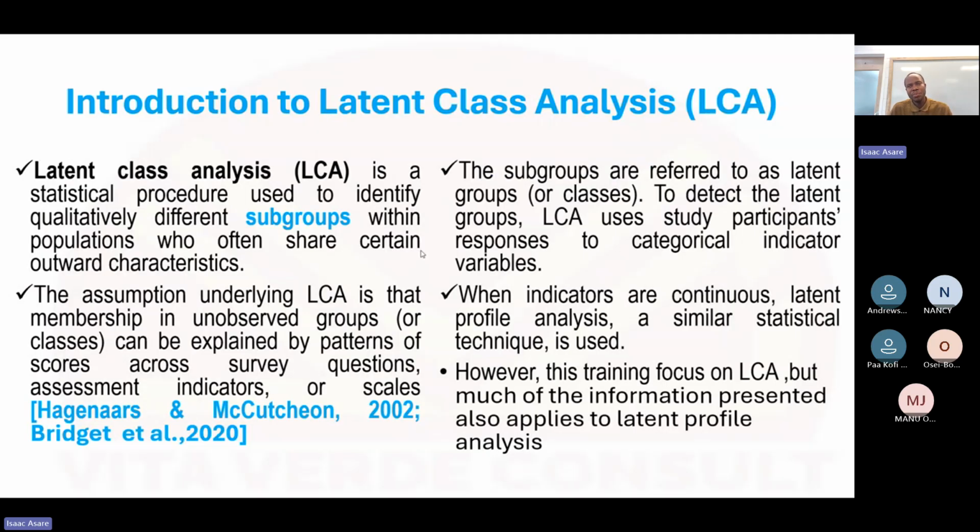Now, there is something we call the latent class profile, or let's say latent class analysis and latent class profile. These are two different techniques that are used. One is more appropriate when you have a categorical data like a yes or no kind of data set.